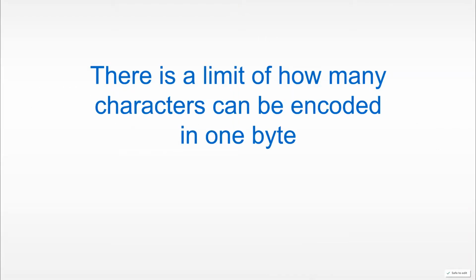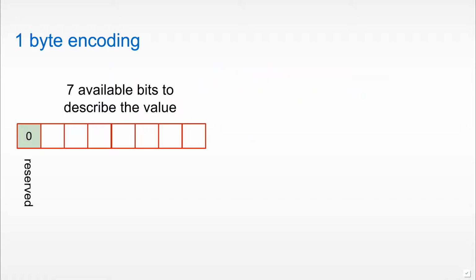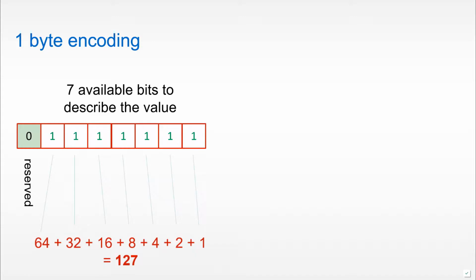So it turns out that there is a limit of how many characters we can in fact encode in a single byte of data. And the limit is quite straightforward. All we need to do is we need to use a binary number where all numbers are ones, which in this case would give us an addition of all of the corresponding decimal numbers for a total of 127 possible scenarios.